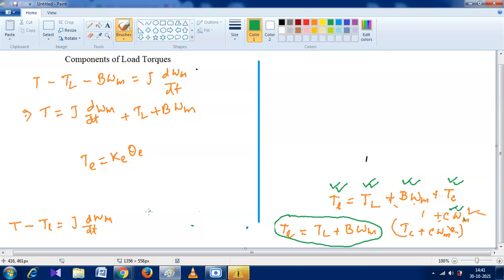So if we substitute small tl with capital TL plus B omega m, we get the equation T is equal to J d/dt of omega m plus TL plus B omega m. After that, if we calculate from the fundamental torque equation, we have to use this equation.